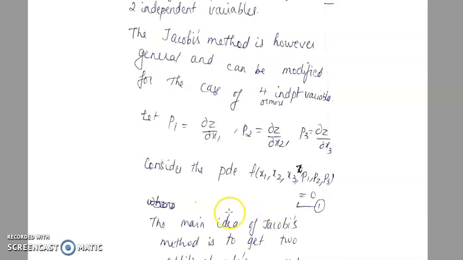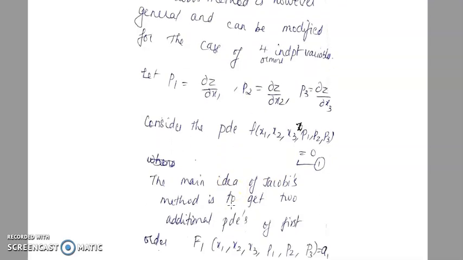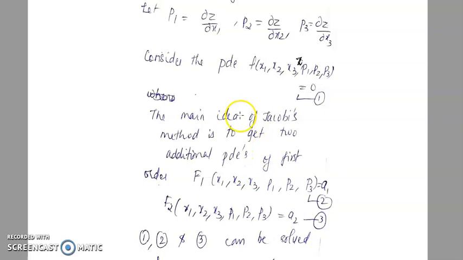The idea of Jacobi's method is that we find two PDEs of the form f1(x1, x2, x3, p1, p2, p3) = a1 and f2(x1, x2, x3, p1, p2, p3) = a2.